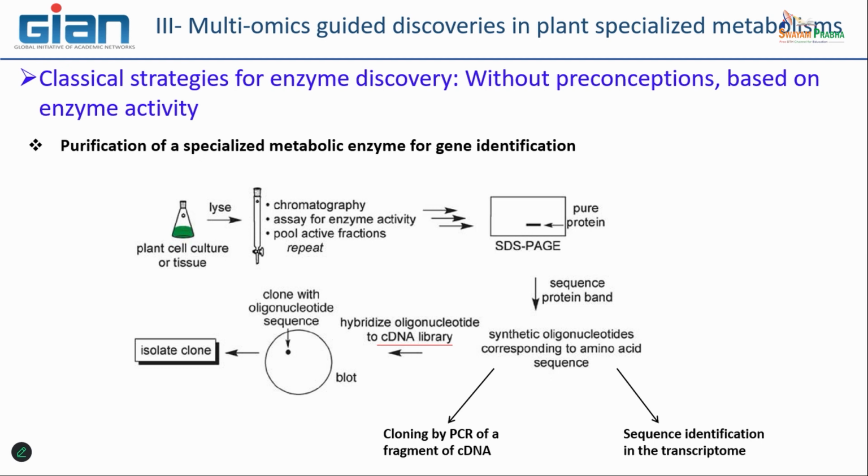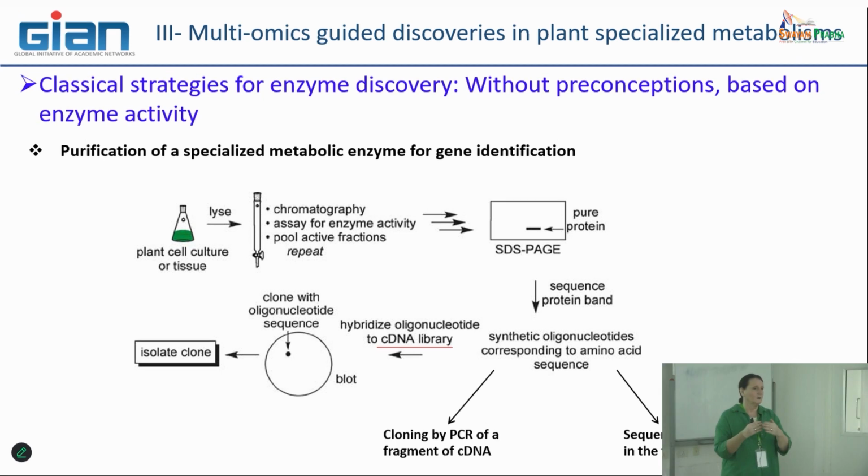The idea was that we have some plant or cell culture or plant raw material. After lysis of this plant cell culture, we can run chromatography to separate all the proteins into subfractions, and each fraction can be assayed for a specific enzyme activity, because you are looking for, for example, a P450 enzyme.